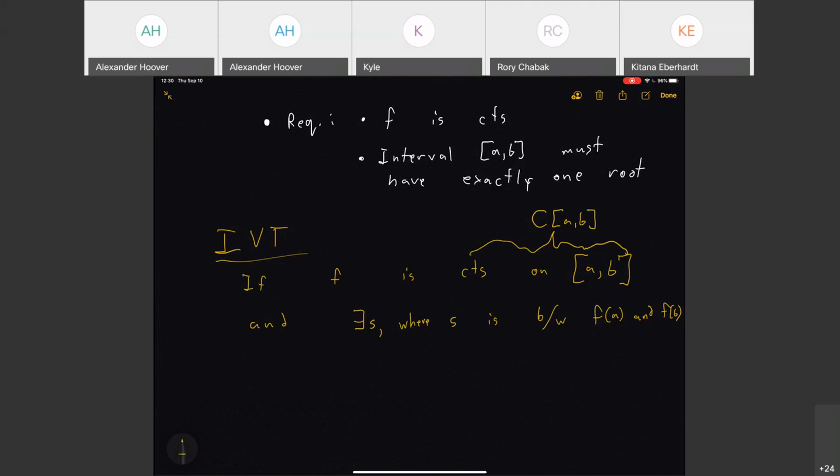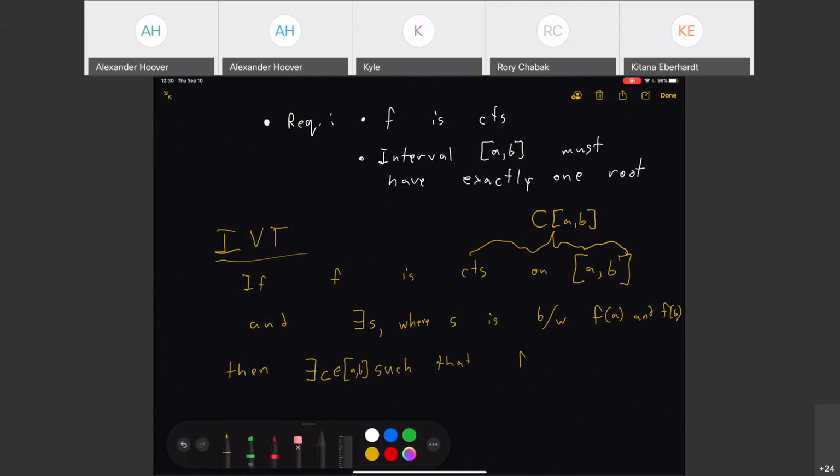Then there exists a c, and let me say that the c is between a and b, such that our function f of c is equal to s.